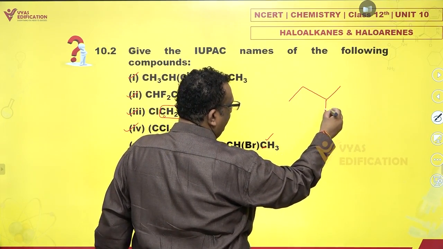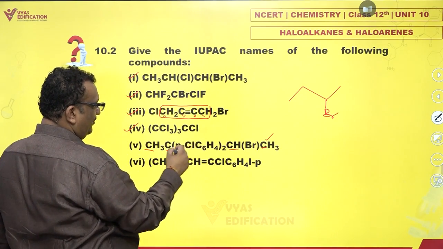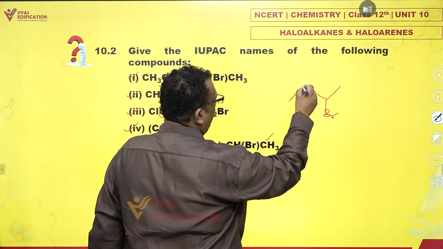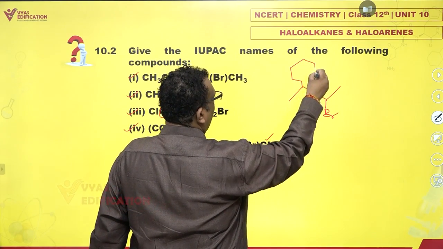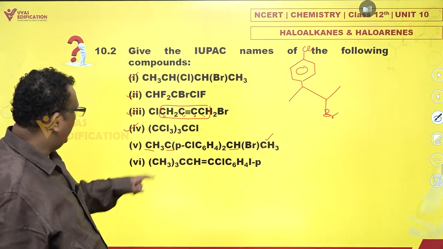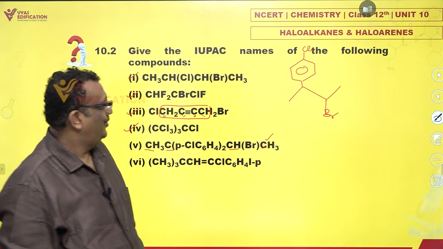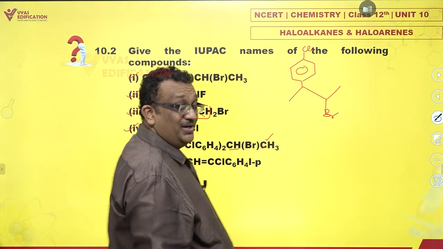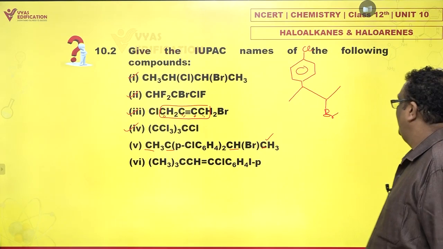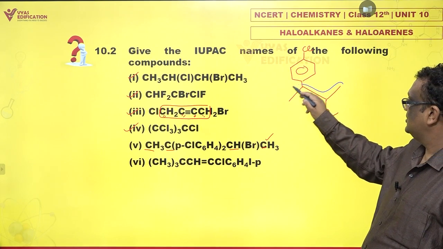Then I have some parachlorophenyl. So let me make a phenyl and parachlorophenyl. And then we have methyl. Yeah, this is the dirty molecule. Oh my God. And what would be the parent chain? Well, I think the parent chain is the way it is indicated. This is the best parent chain.